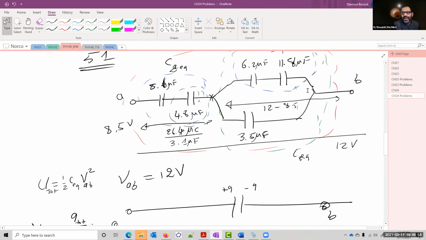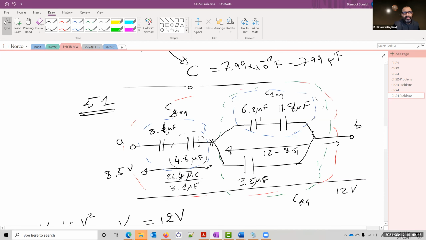In a similar fashion, I can find the charge in this section, because I now have the voltage, which is 3.5 volt, and I know how many microfarads are in here. Remember, Q is equal to CV, and C is 3.5 microfarads times 3.5 volts.